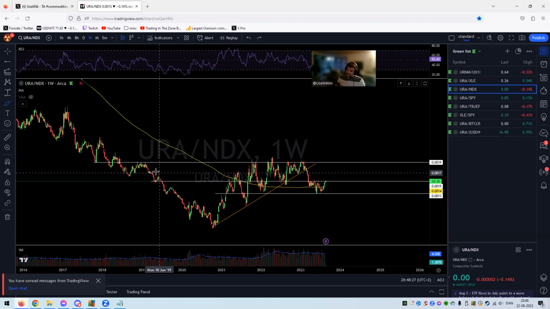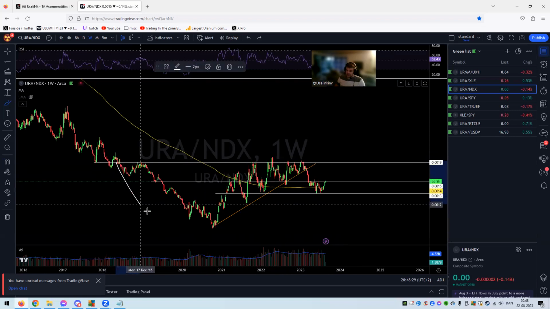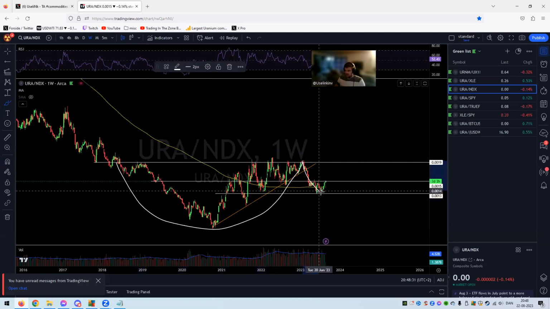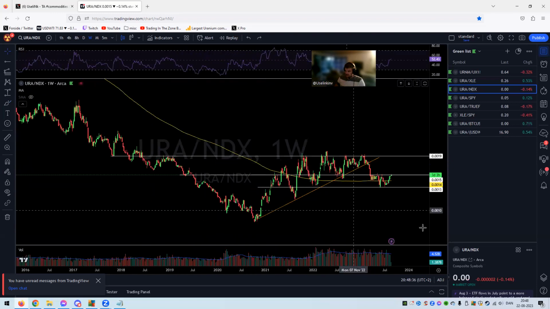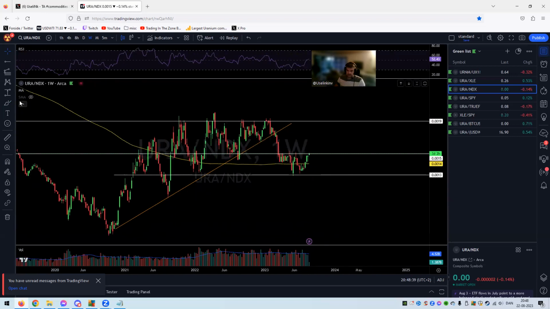But what I think is happening now is that we have some sort of a cup and handle pattern trying to play out here, right there. And also, if you go into the more detailed view, you can see it here, that one is a smaller neckline for a bit of a complex inverted head and shoulders.